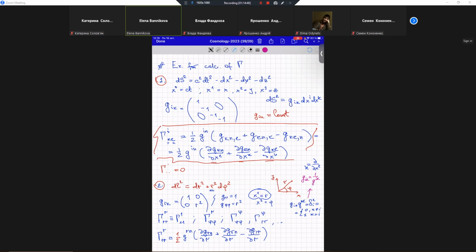So the difference between covariant form and contravariant form is just an opposite. So for this one, you need to consider 1 divided by the component of the metric tensor. So let's continue.